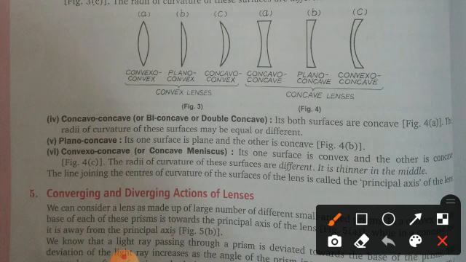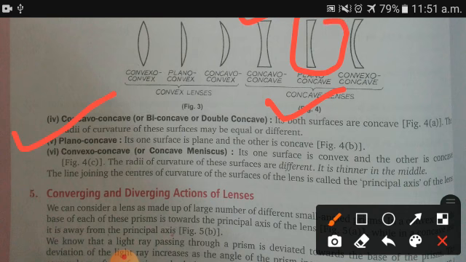In figure 4A, the radii of curvature of these surfaces may be equal or different. Clear? The fifth one is plano concave. Its one surface is plane and the other is concave, as you can see in figure B.